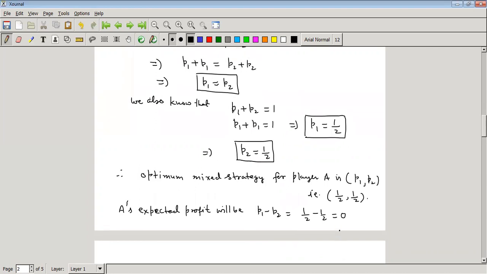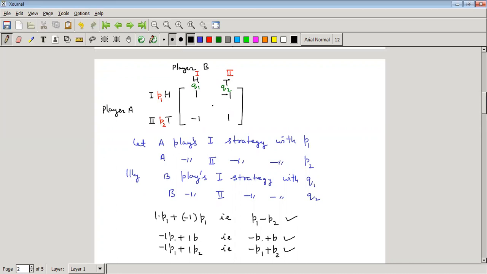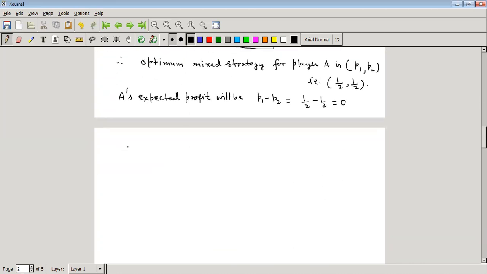Now similarly, we can find Q1 and Q2. If A plays with the first strategy, if A fixes the first strategy, then how much will B's loss be? That is 1 into Q1 minus 1 into Q2. So B's loss is 1 into Q1, so Q1 minus Q2.